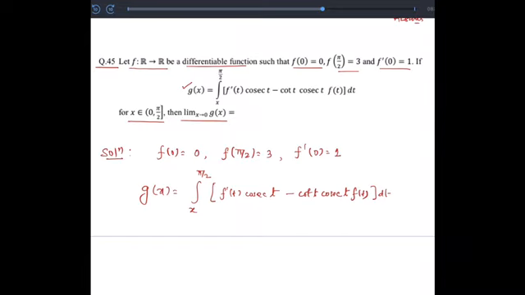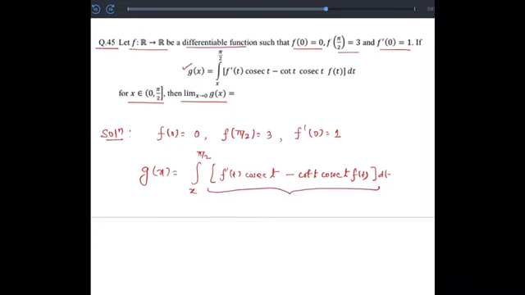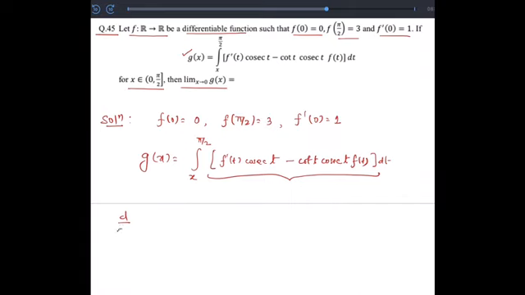Now before integrating this function, we just look at this function, and one more thing, we will see what is d by dt of cosec of t. This is nothing but minus cot of t into cosec of t.